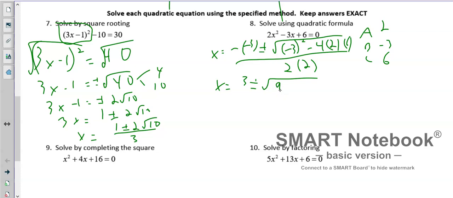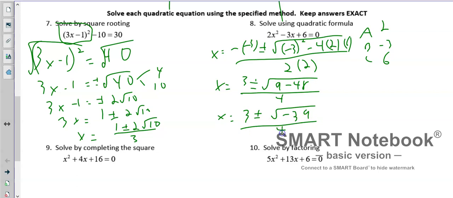When you square a number, it gets positive, so don't put negative 9, the most common mistake. Minus 4 times 2, which is 8, times 6, which is 48, all over 4. So x equals 3 plus or minus the square root of 9 minus 48, which is negative 39, but we can deal with that, all over 4.